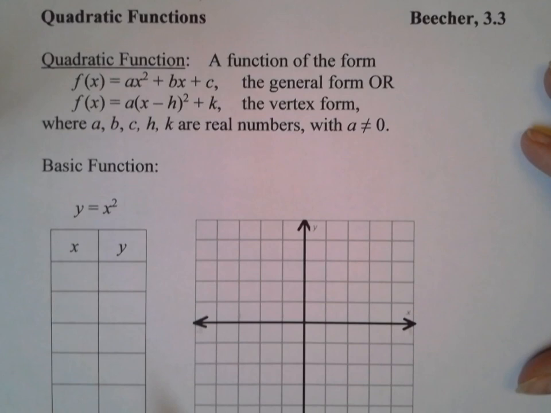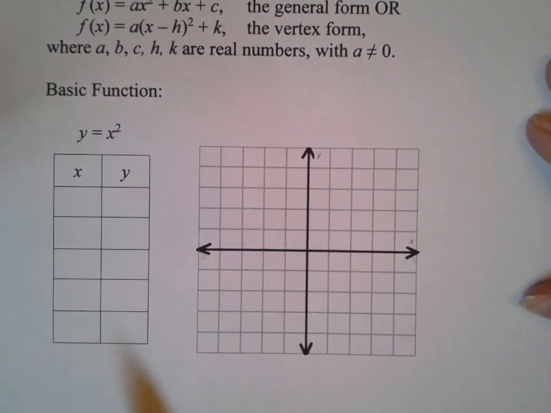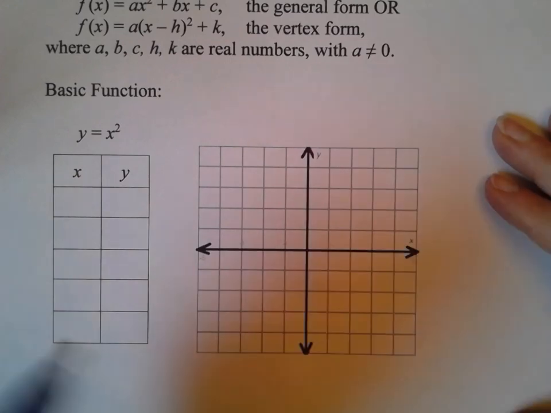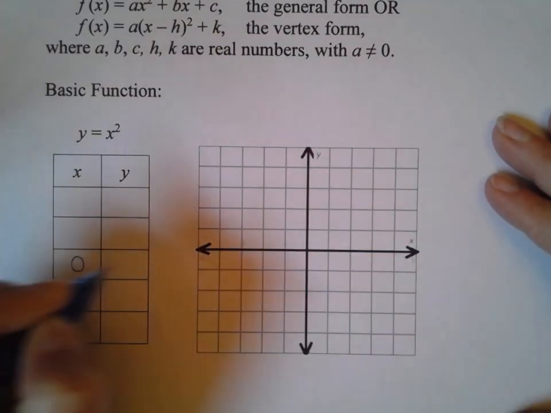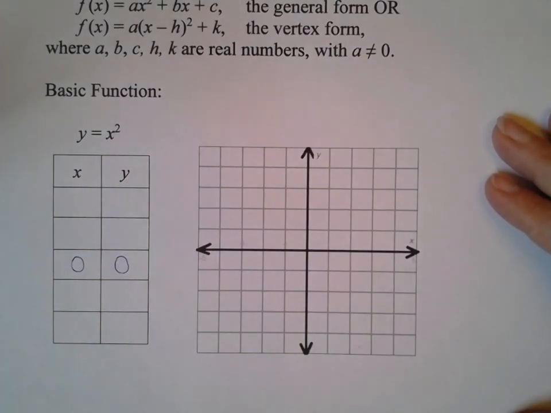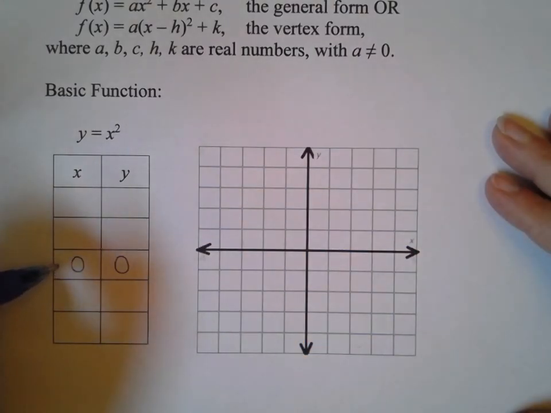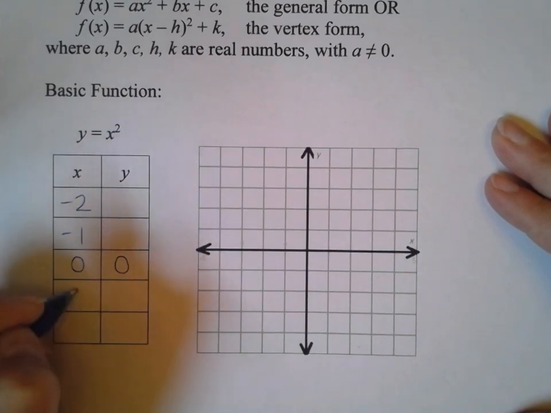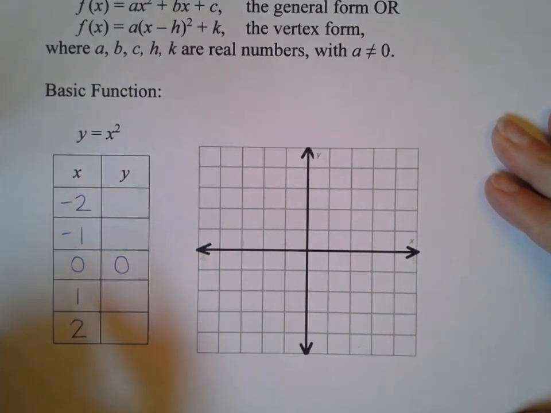Okay, if we strip it down to the most basic parabola or quadratic function, y equals x squared would be the most basic shape. And this one is actually centered at 0, 0. So that's the middle point, and we can choose a few x values around 0 to make this graph. So a couple of numbers smaller on the negative side, and a couple numbers bigger on the positive side.